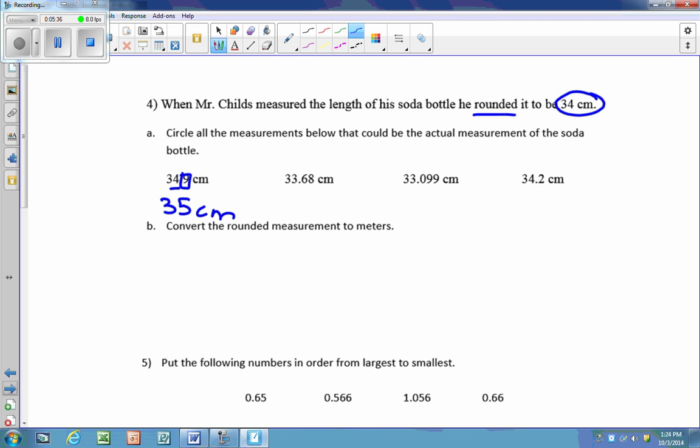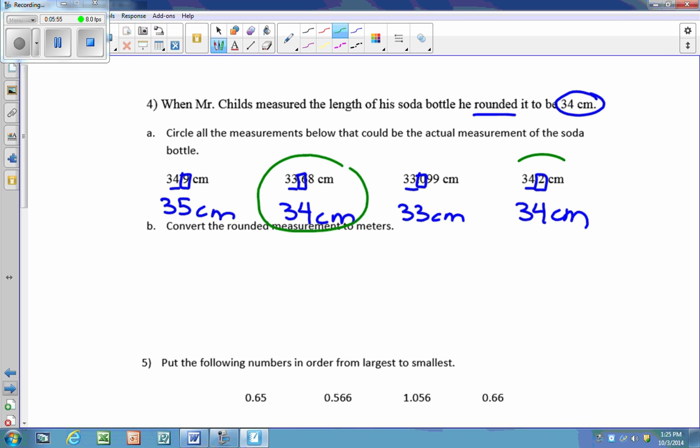We all notice that I'm underlining my ones place and boxing the number to the right. So now I can figure out to circle all the measurements that could be the actual measurement once they were rounded. So I see that this is 34 and this is 34. They both could be 34.